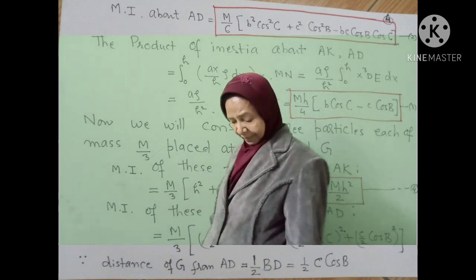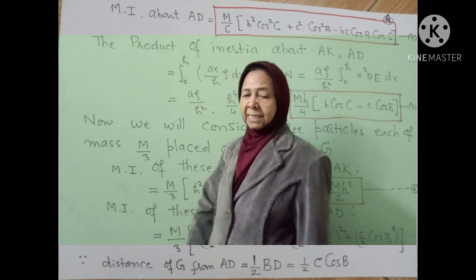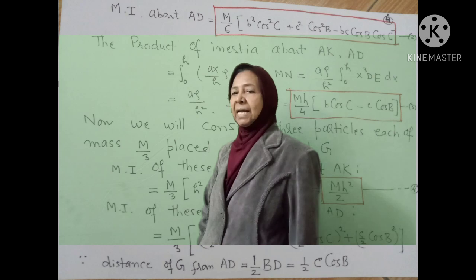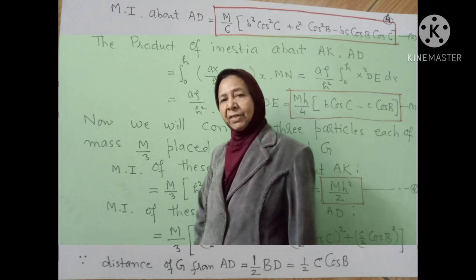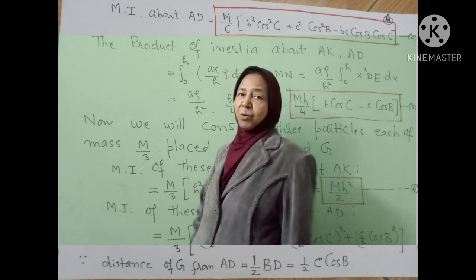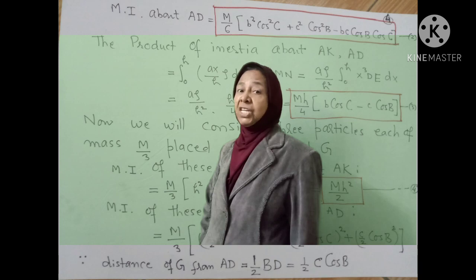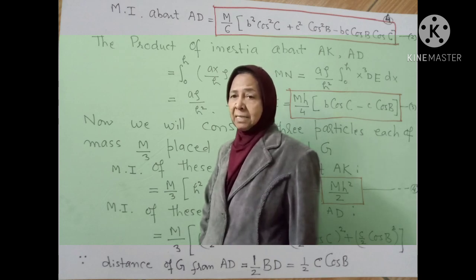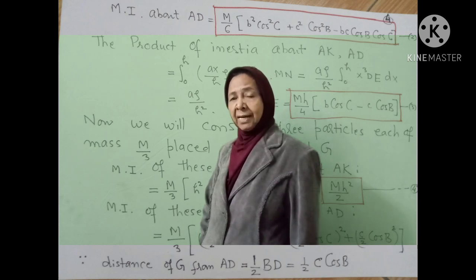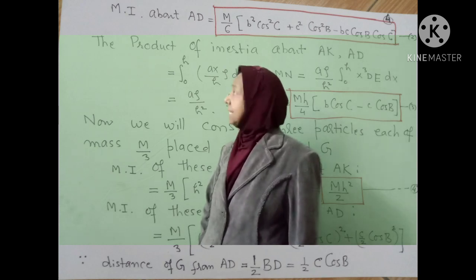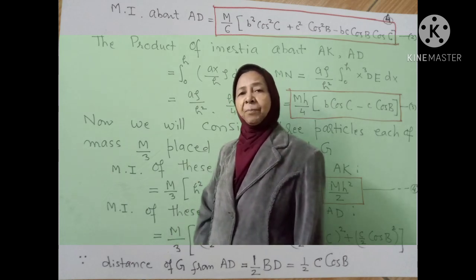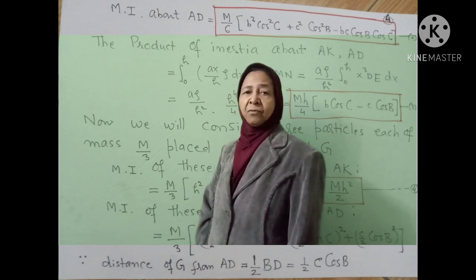That means m by 3 is placed at one midpoint, m by 3 is placed at another midpoint, and m by 3 is placed at E, and we have to find the moments and products of inertia of these three mass particles about the axis AK first, about the axis AD next, and then product of inertia about AK and AD. Okay, so let us work out.